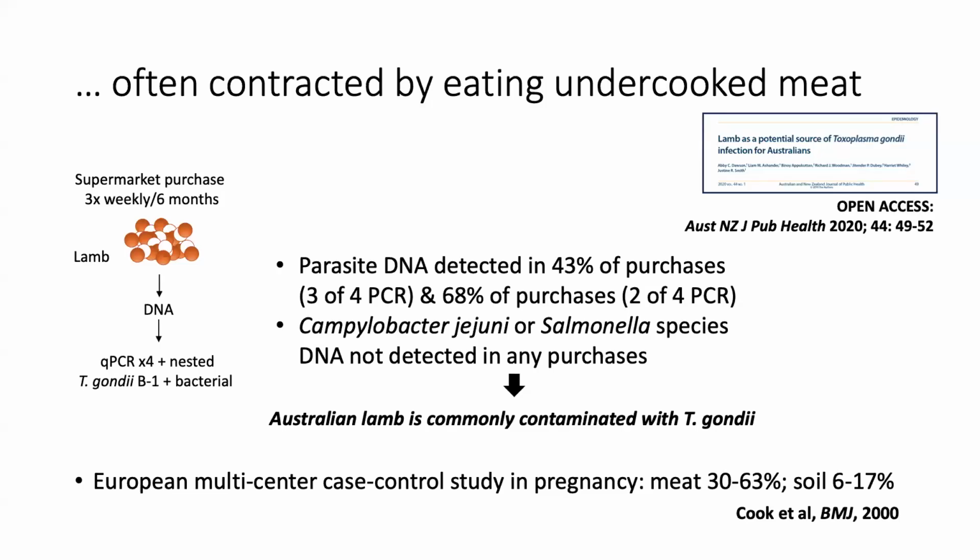We didn't pick up any bacteria, but conservatively, about 40% of those lamb mince parcels had parasite DNA. And if we were a bit more liberal with our definition, it was close to 70%. This finding would be consistent with a really nice study that was done some years ago in Europe in pregnant women, also showing that meat is the most common way to catch this nasty guy.